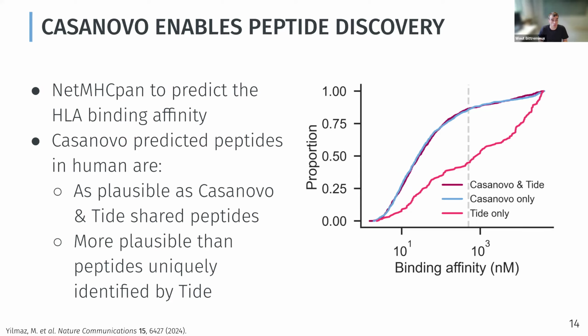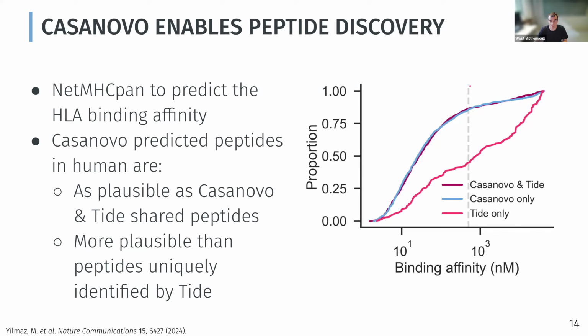We also used a tool called NetMHCpan, which can take an immunopeptide sequence and predict the binding affinity to known HLA types. We did this for database searching results with Tide and the Casanovo results. We see that immunopeptides predicted by both Casanovo and Tide, as well as those by Casanovo only, show a very high binding affinity.